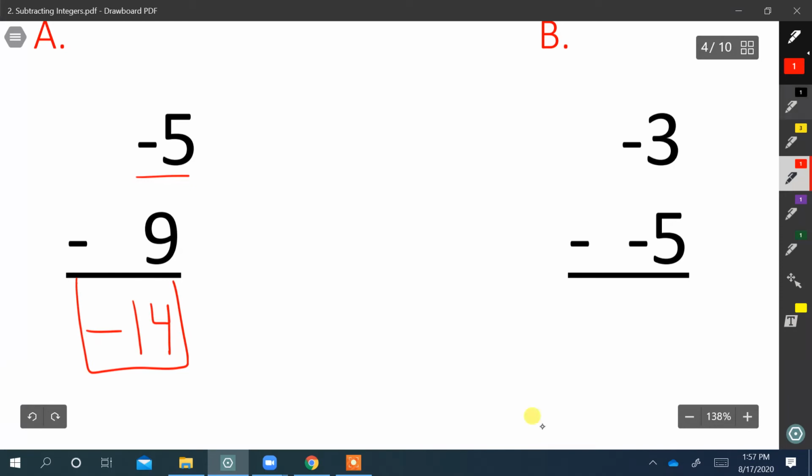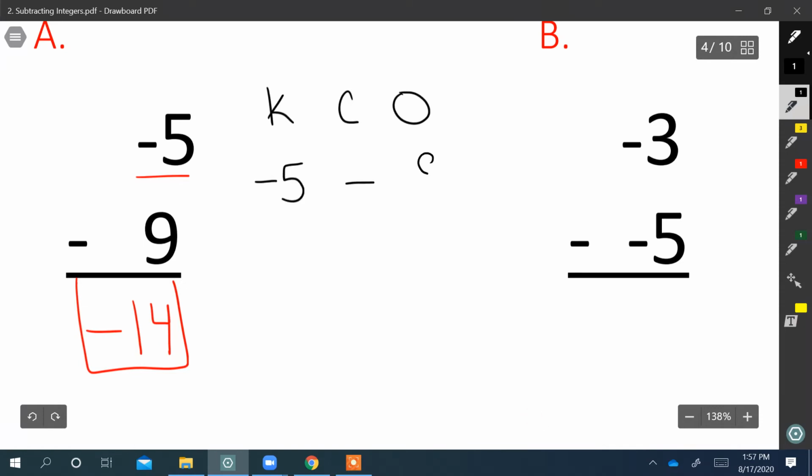If you use KCO, we have negative 5 minus positive 9. Negative 5, we're going to keep that as negative 5. The minus is going to turn into a positive.